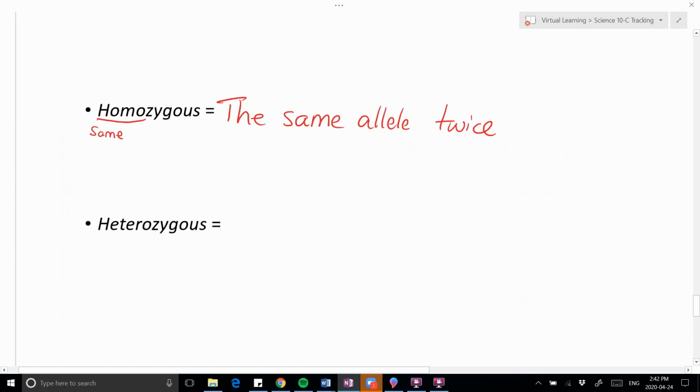Remember, because we have a dominant and a recessive trait, we can have homozygous dominant. What that means is we have the dominant trait twice. So that would look like two capitals.